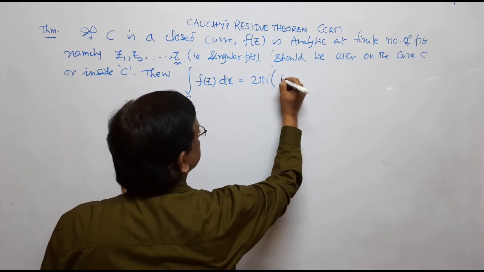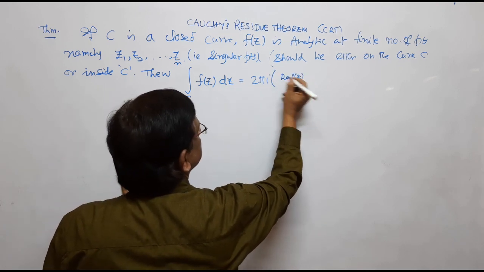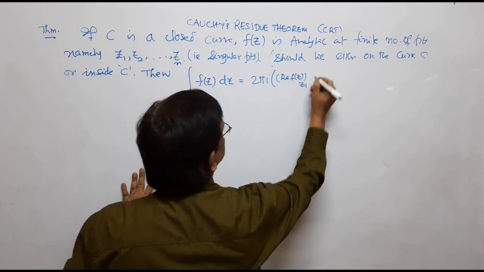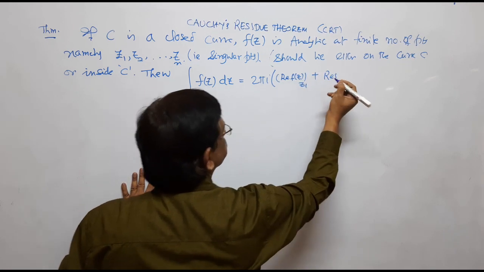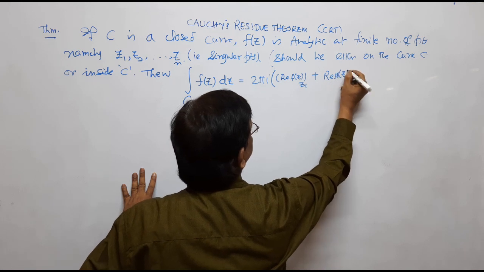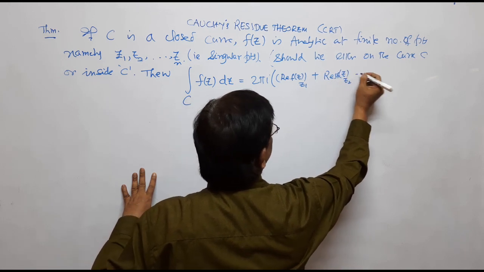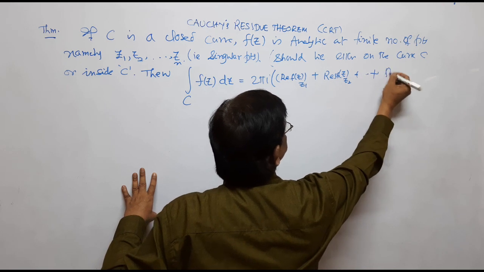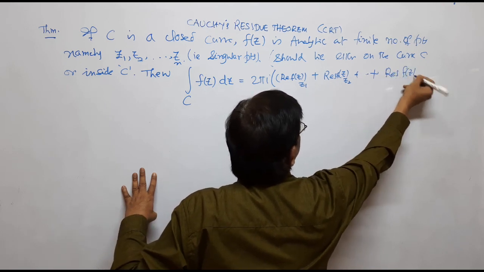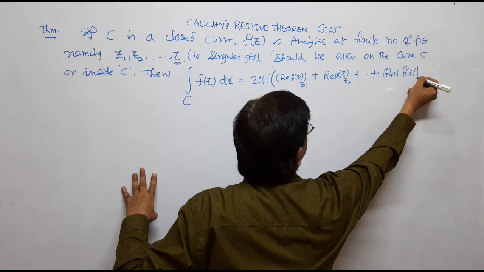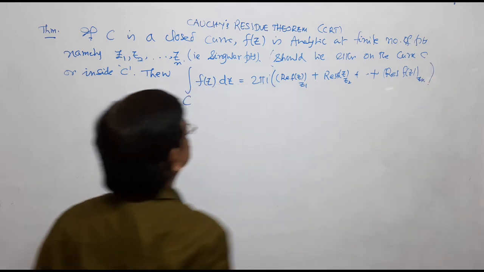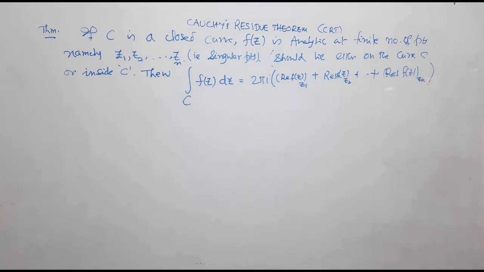So I'll simply say res f(z) at z1 plus res f(z) at z2 and so on, res f(z) at z equal to zn. So this is simply 2 pi i times the sum of the residues of f(z) at the singular points z1, z2, zn.